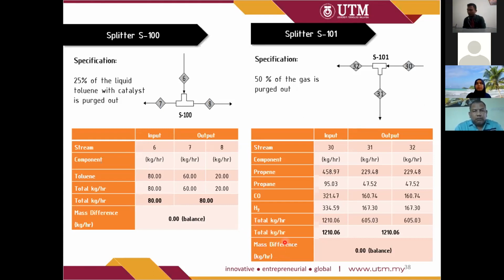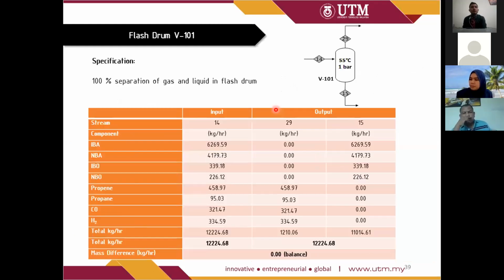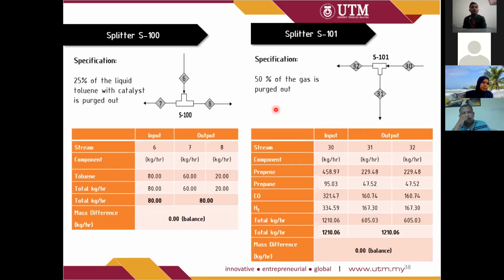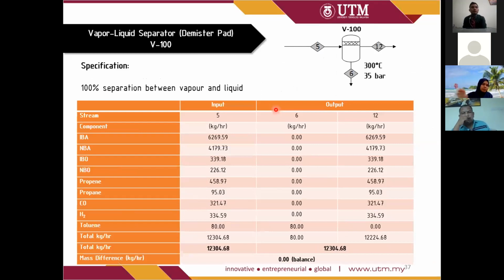I'm looking at your manual mass balance and the flow sheet document provided. Can you explain to me on the V100? I think there's some mistake in the provided document. You see the toluene mentioned here is 20, right?